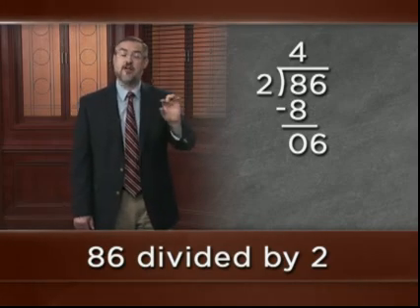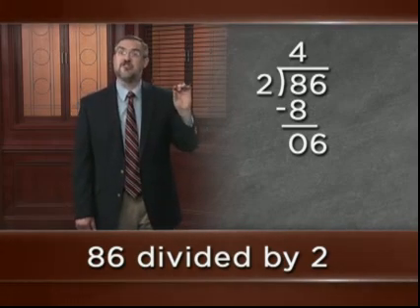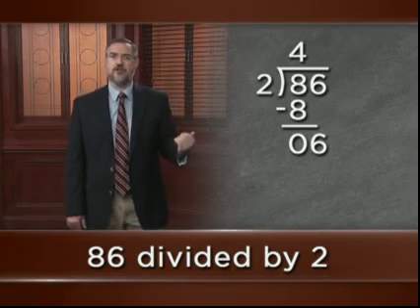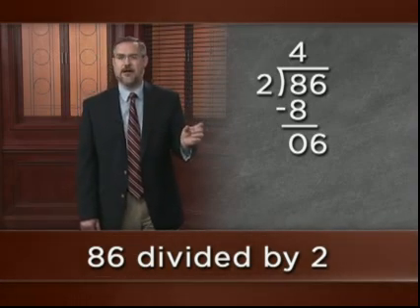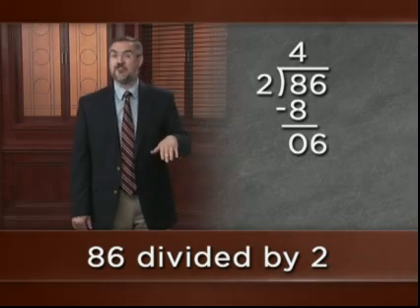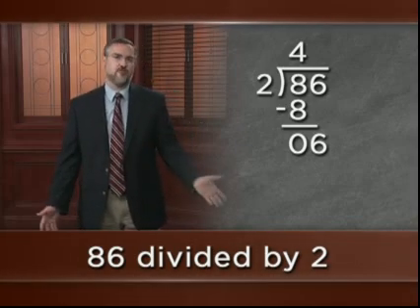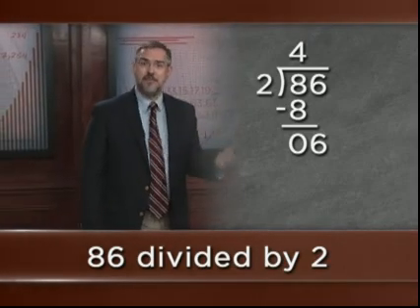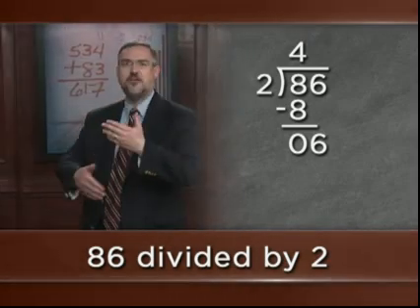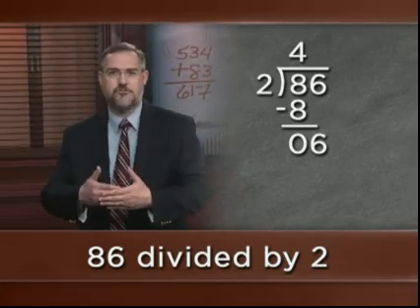In this case, the next digit in the dividend is the 6, and so the 6 is going to come down now as well. And so what I have now at the bottom of my page up to this point is 06, which of course I can just think of as 6. And now I'm going to repeat the process. And this is the idea behind all we've done in this course up to this point.